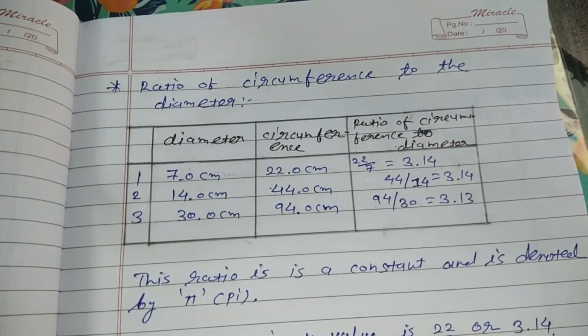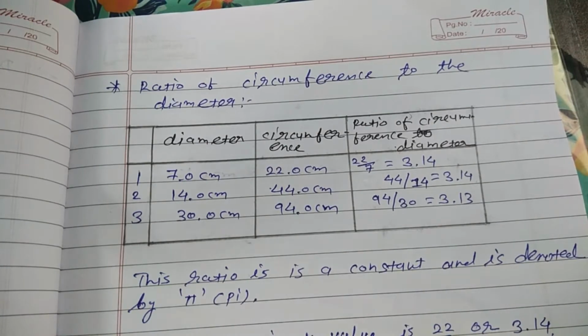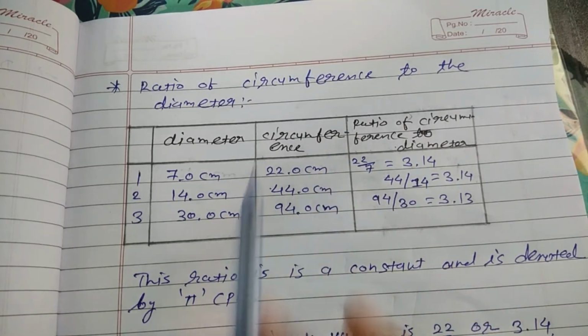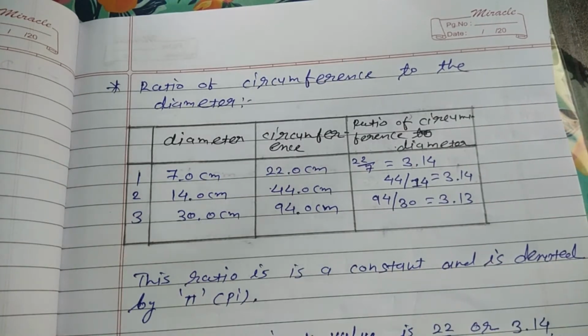Next, ratio of circumference to the diameter. If we take some circles and manually measure their diameter and circumference, we find that the circumference of a circle is more than 3 times its diameter. That means if we find the ratio of circumference to the diameter, the ratio is approximately 3.14 or 22 divided by 7.